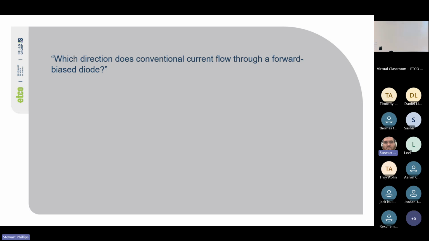Remember to always read what the question is asking. It's referencing the diode. So what are we talking about in terms of the parts of the diode?